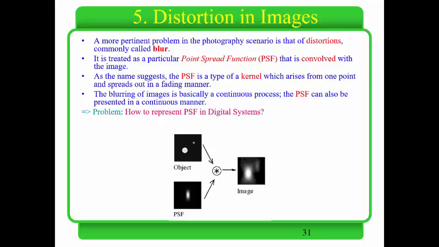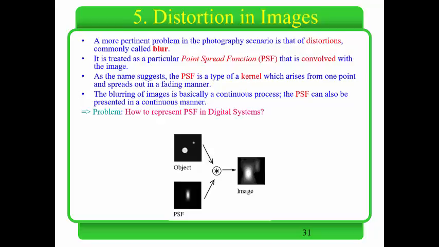Here as well, to simulate the effect of noise on images using MATLAB, we have the imnoise function. We can also simulate the effect of distortion on the image by using a point spread function.